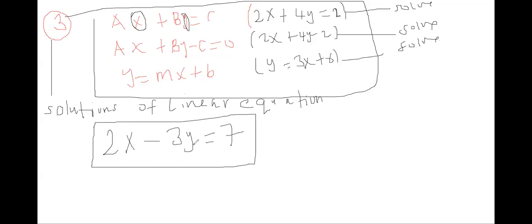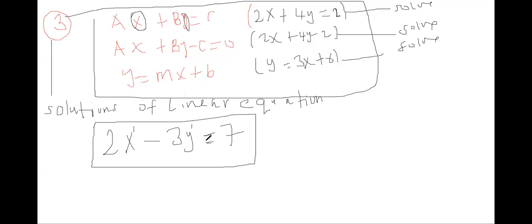We know it's an equation, we have this equals sign here. Then you ask yourself, is it linear or non-linear? We know how to identify linear. We have x and y as variables, and the power here is 1 and the power here is 1. So obviously it's a linear equation.